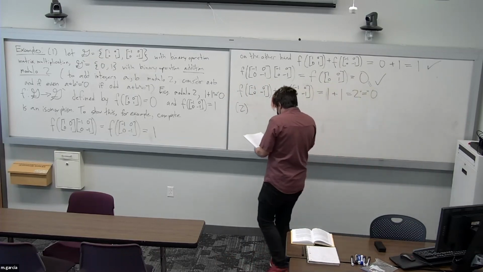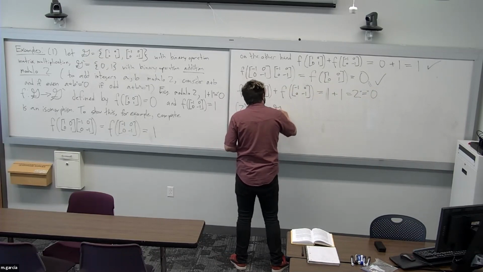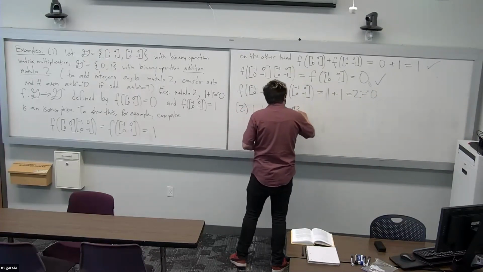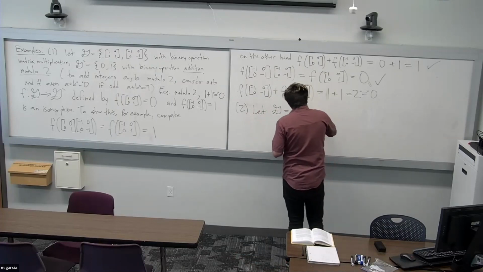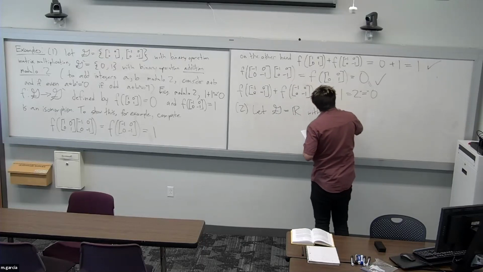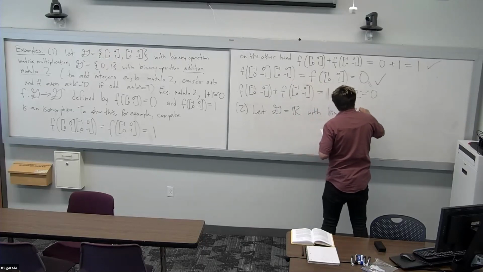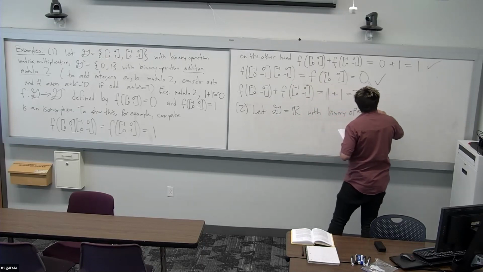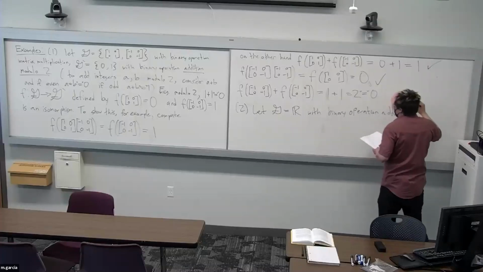So let G be the set of all real numbers with binary operation addition, usual addition of real numbers.